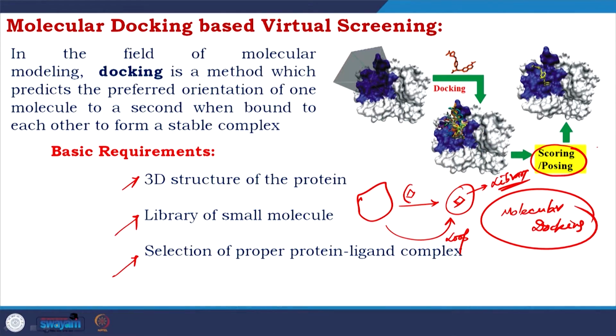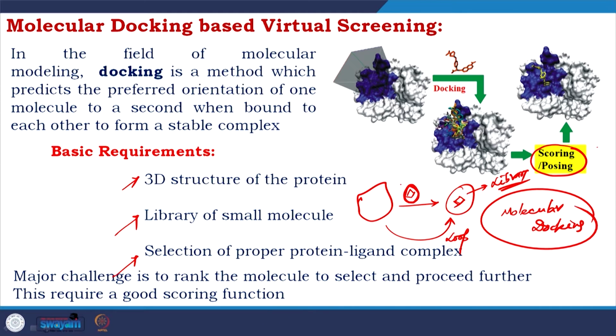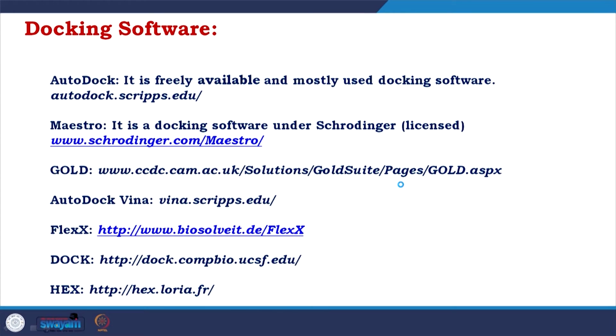Now, if you put it in a loop by taking a library instead of a small molecule, then that is called docking-based virtual screening. The major challenge is to rank the molecules to select and proceed further. This requires a good scoring function.